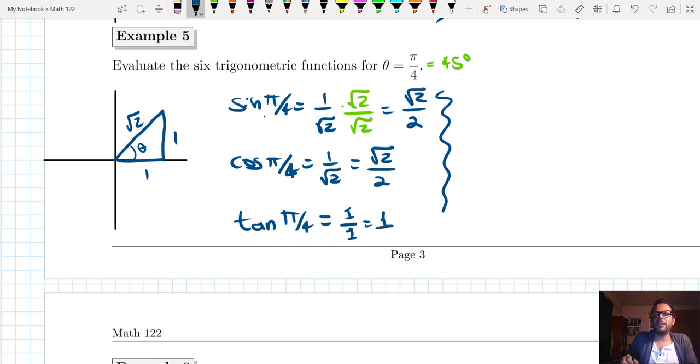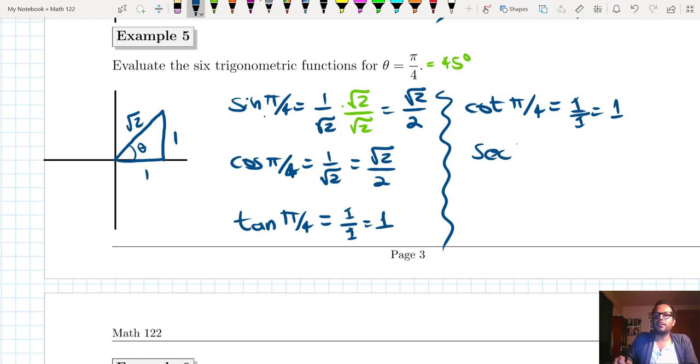Okay, let's evaluate the other three trigonometric functions. Cotangent of pi over 4 is the reciprocal of tangent, which is adjacent over opposite, which is 1 over 1 again. And 1 over 1 will be 1, just the same way as cosine, right?